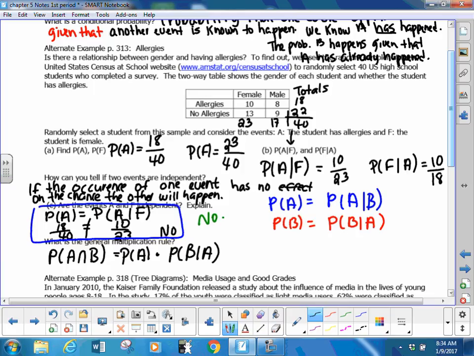That's when your events are not independent. Now, this is a special case, and we talked about it earlier. If they are independent, it's a little bit easier because it's just the probability of A times the probability of B.